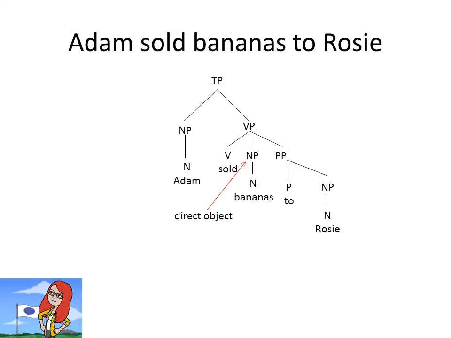The indirect object that shows in this example is the PP daughter of the VP that is immediately preceded by the NP daughter of the same VP. That is, the PP to Rosie immediately follows its sister, NP, bananas, and they are both daughters of the same VP.